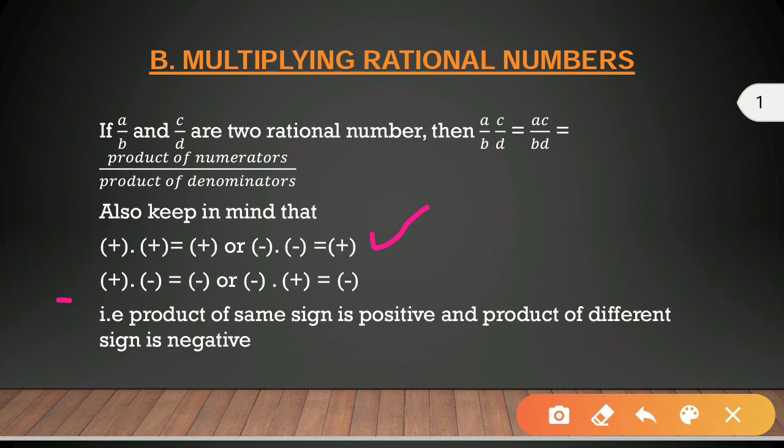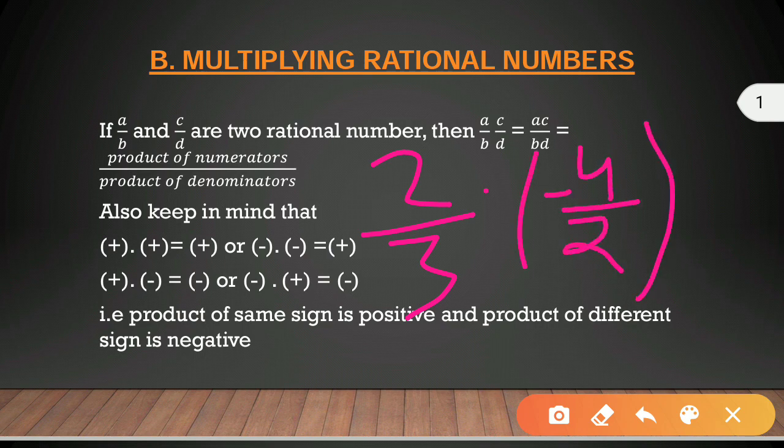If one rational number is positive and another is negative, take one example: minus 2 by 3, or you can take plus 2 by 3, into the second rational number, suppose 4 by 2. Here the first rational number is positive and the second is negative.